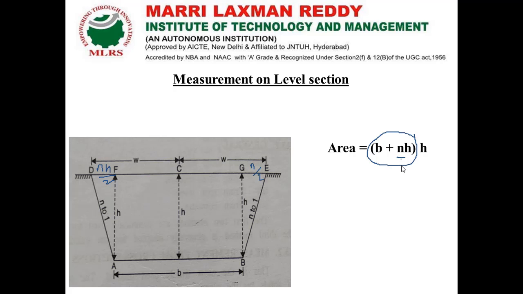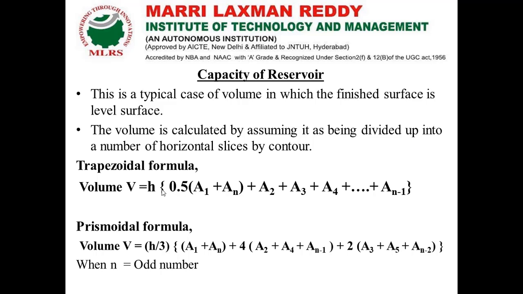Here n equals side slope, h equals the average height in the cross section, and b equals base width of the embankment or bund. Now we should move on to the formula. Normally the trapezoidal or prismoidal rule is used to find the volume of the work.